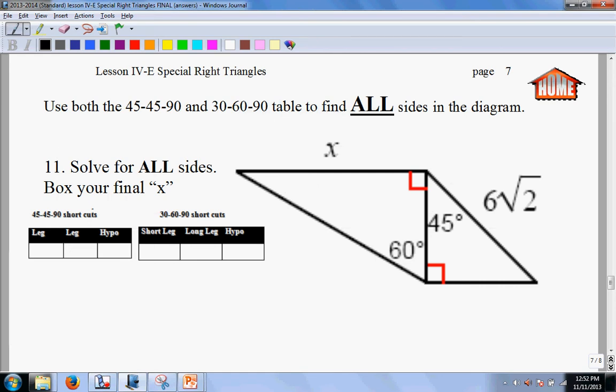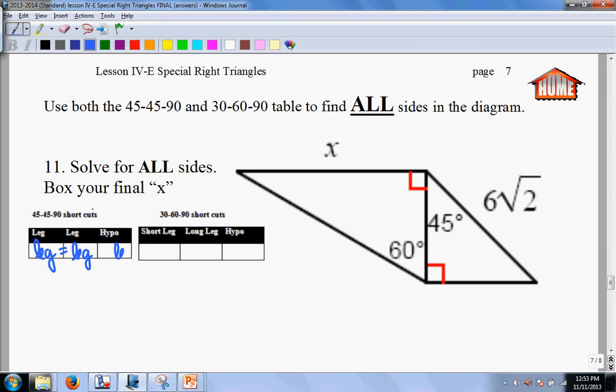Whenever you do anything using special right triangles, the first thing you should do is go ahead and write out the 30, 60, 90, and 45, 45, 90 table. As a recap, in a 45, 45, 90 table, the legs are equal, so you write leg equals leg.